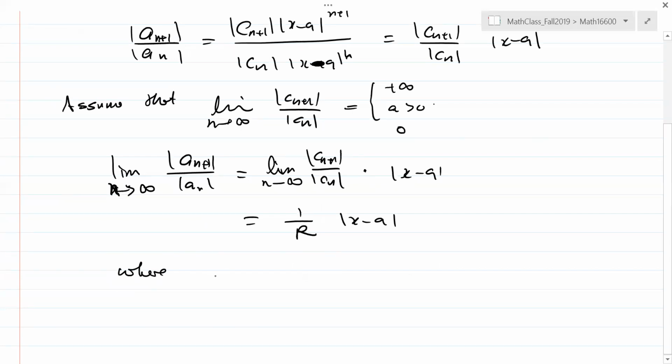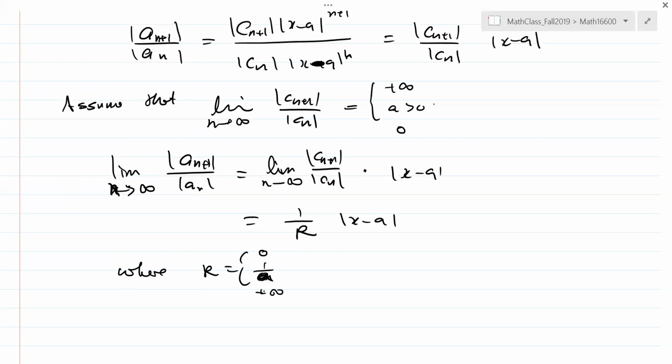So it depends on the value. R could be 0, could be 1 over A, could be infinity. It depends on the limit of c_{n+1} over c_n. So this is the number we need.